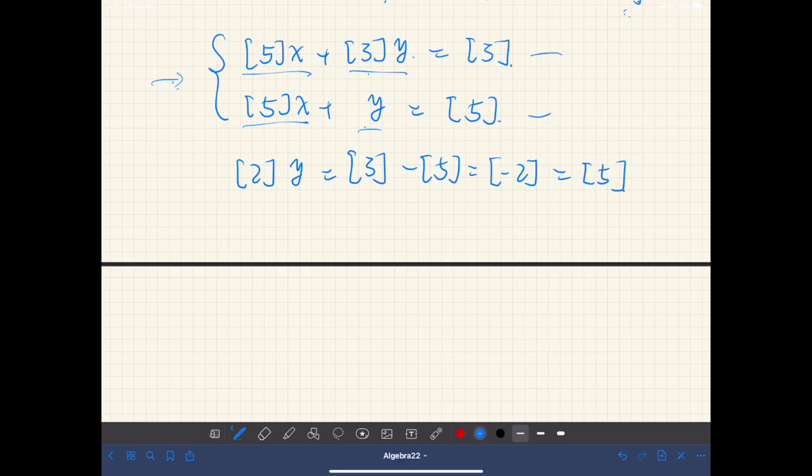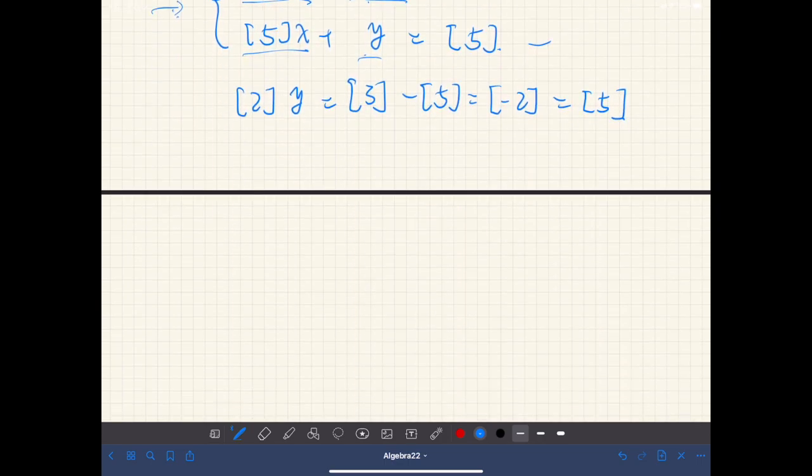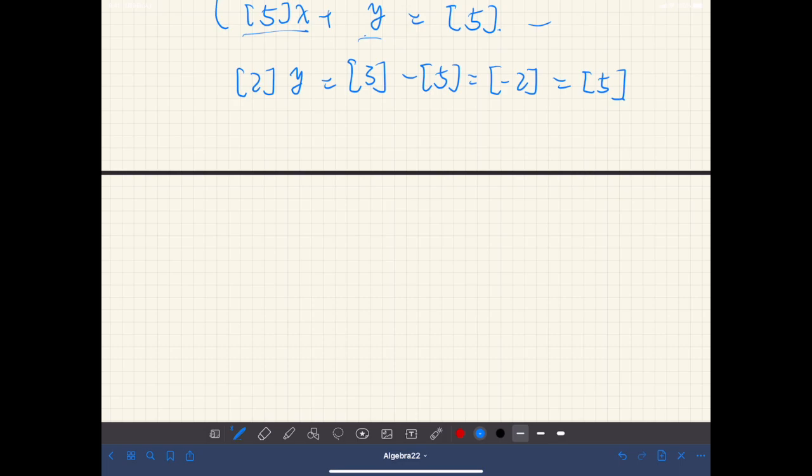Now we use that this is a field, as we know. Z7 is a field, so every element has its inverse. So 2 has its inverse. But what is its inverse? Its inverse is actually 4. So 4 times 2 is 8, but in modulo 7 it is 1.